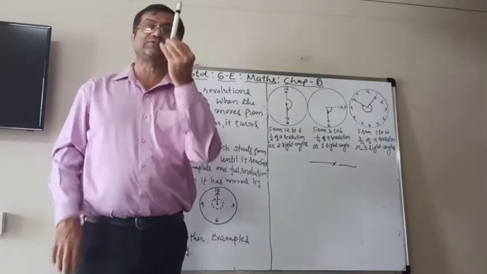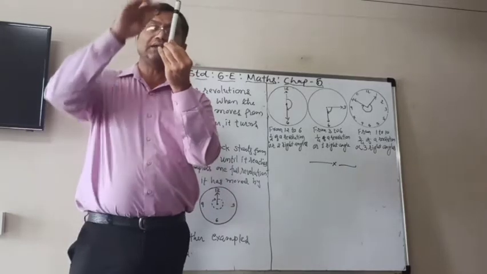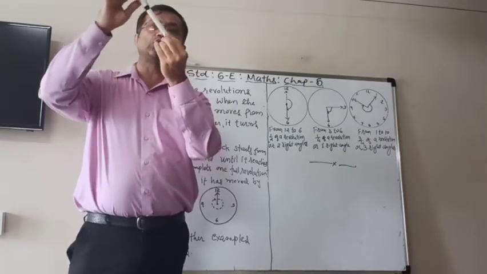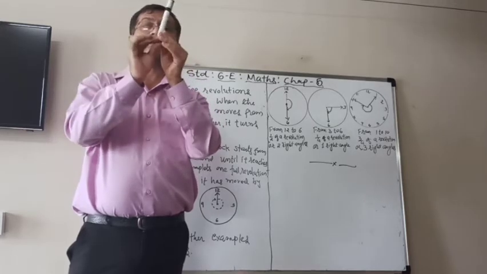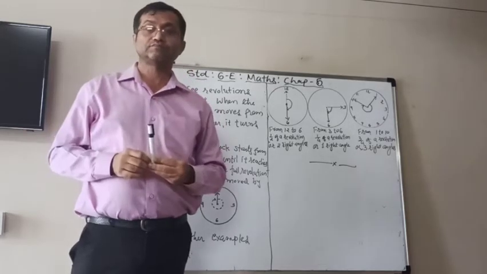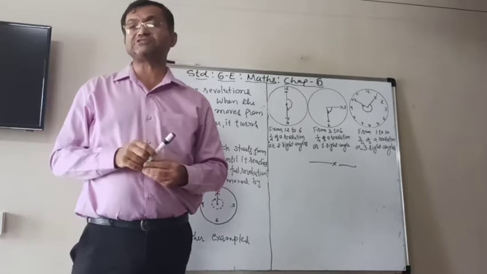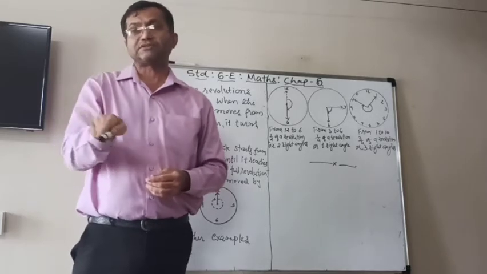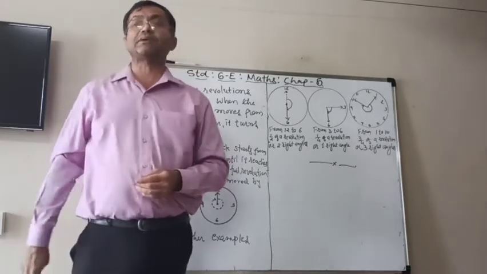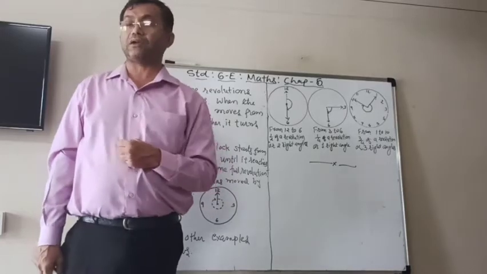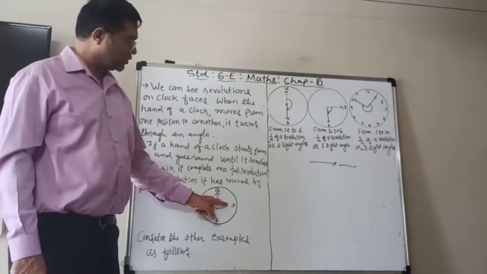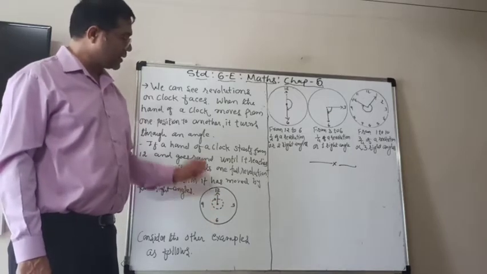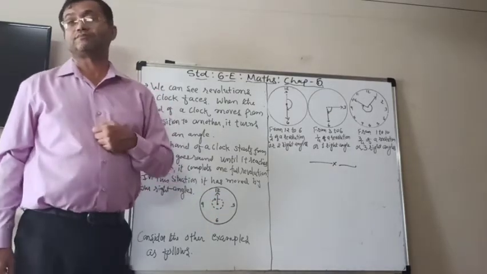Suppose it starts from the 12, then moves around and again comes to the 12. Start from 12, go round, come back to the 12.